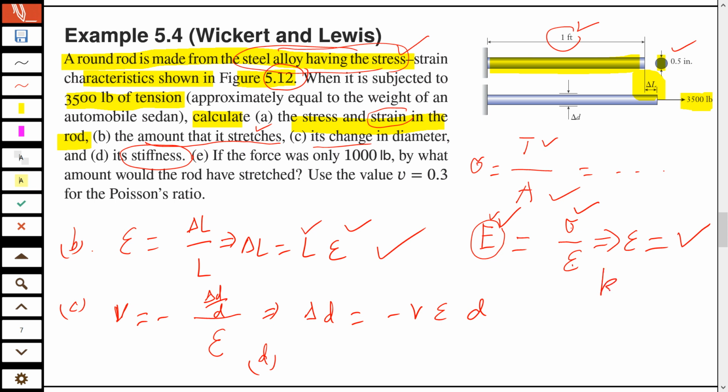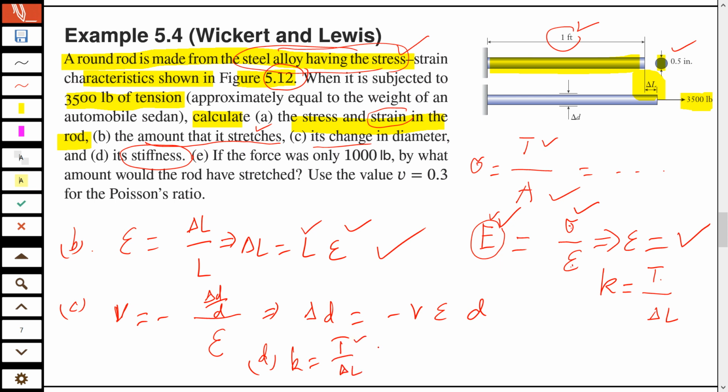So if you remember this K, which we call the stiffness, it was load. So in this case, load will be T, divided by deformation, remember? So you replace stress with load and you replace strain with deformation. So K is simply equal to T over delta L.